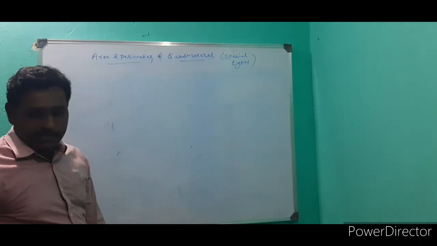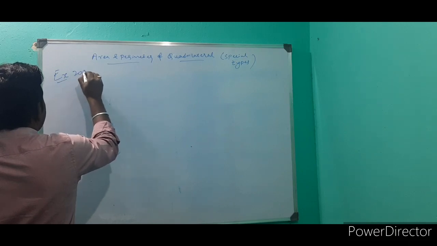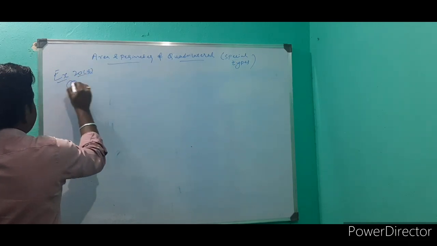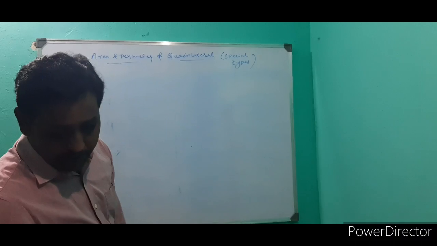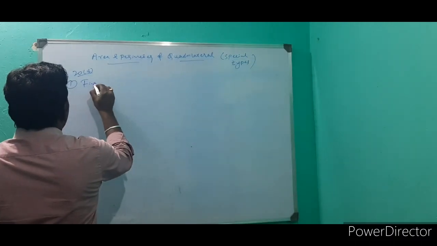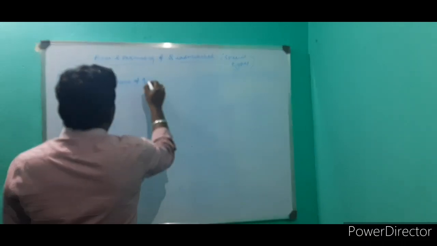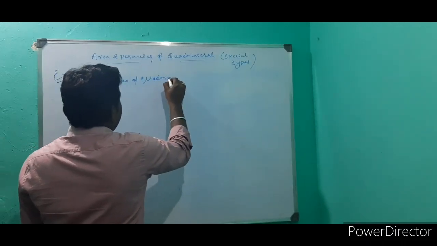So in exercise 20b, first problem: find the area of quadrilateral.